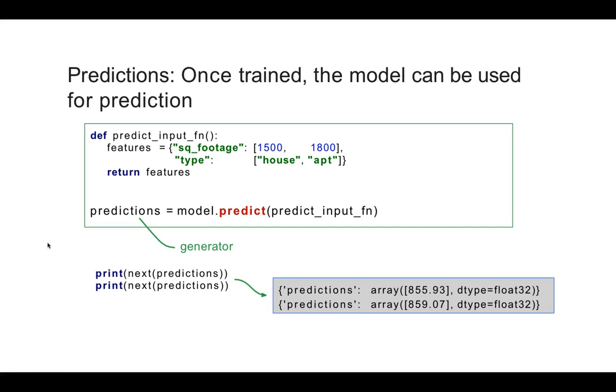And for prediction, we actually don't have the level, we have only the features. So the same thing, we create a function for that. We have the predict input function here with square footage and type, and we can make predictions. The model's predict returns a Python generator, so by using next, we can see what it has predicted.